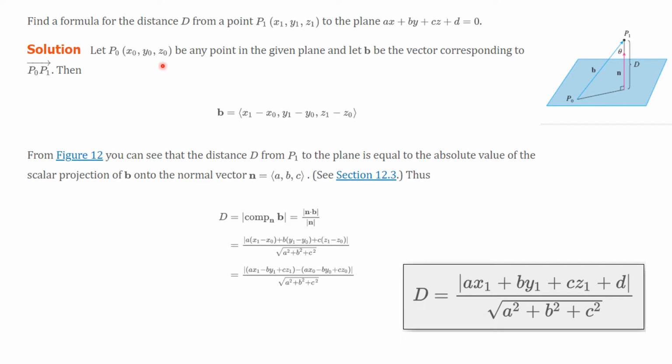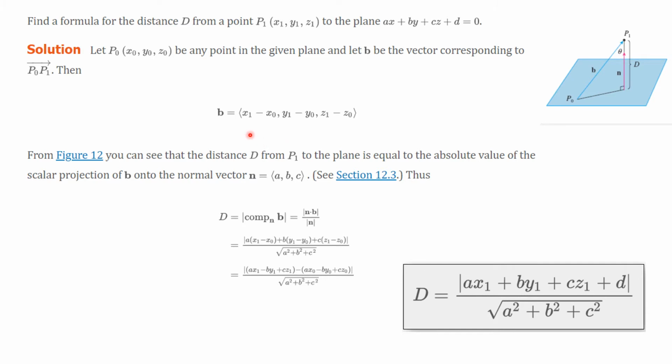So let P0 be any given point in the plane, and let B be the vector connecting P0 with P1. We're calling these points (x0, y0, z0) and (x1, y1, z1) respectively.